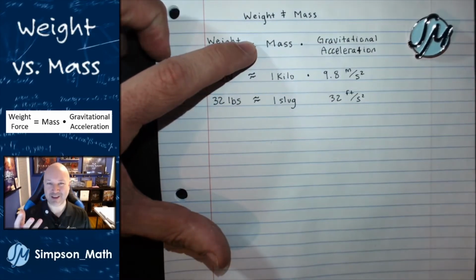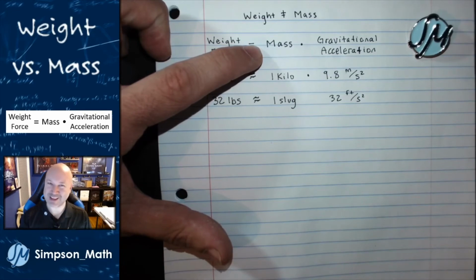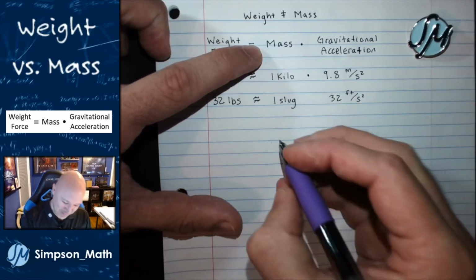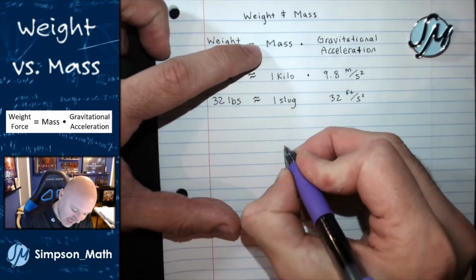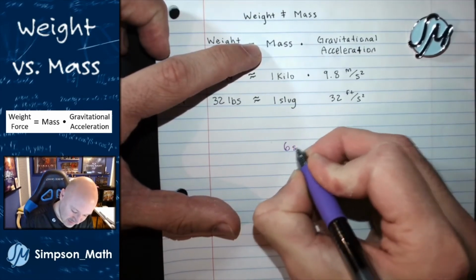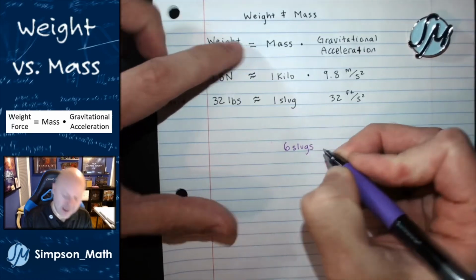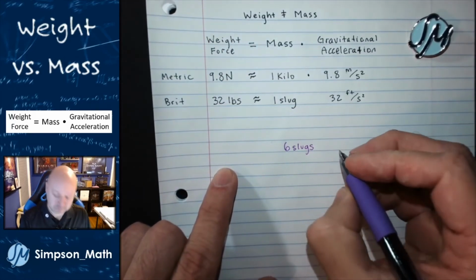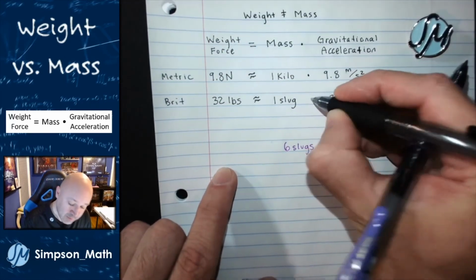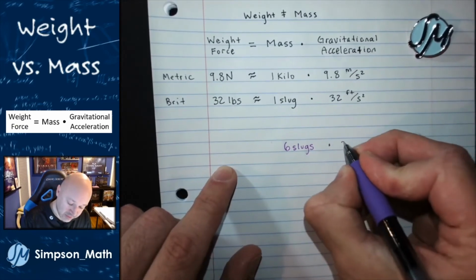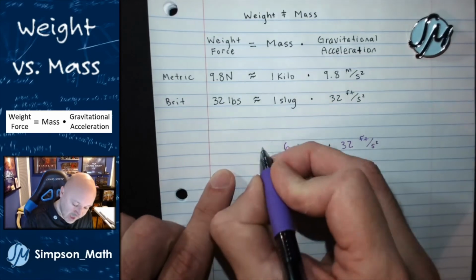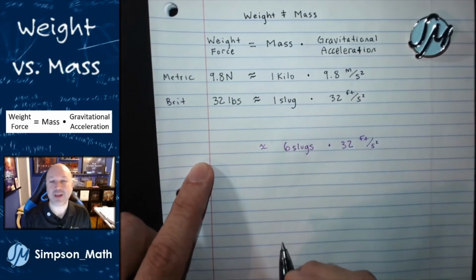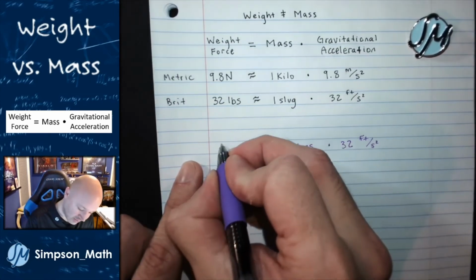I even talk about mass as weight. We've got to stop that in our common language. But I know that I have my mass, I've calculated it, and I have 6 slugs. And I want to know, how much do I weigh? Well, I simply multiply by 32 feet per second squared, and that's going to give me 192, 192 pounds.